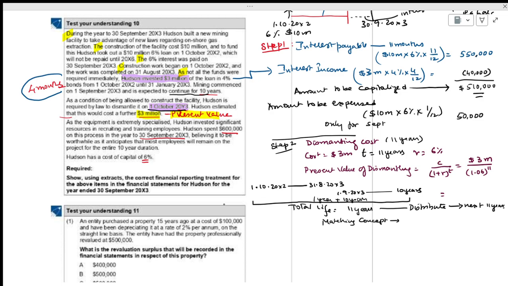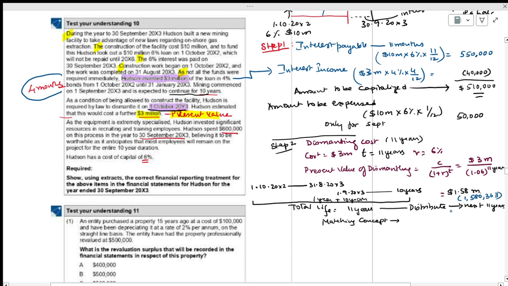Cost of capital is 0.06. This is 11 years. How much will you get? 1.58 million. If you divide it, it comes to 1,580,363.